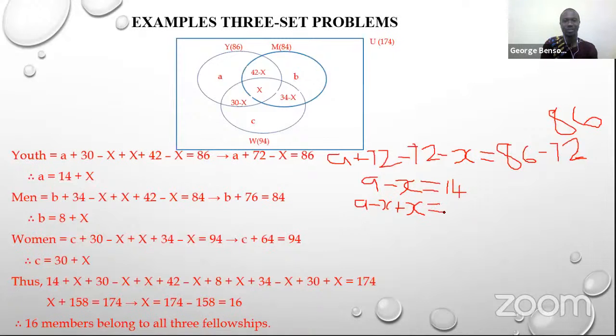Yes. So finally, therefore a is equal to 14 plus x. Let me write it here.